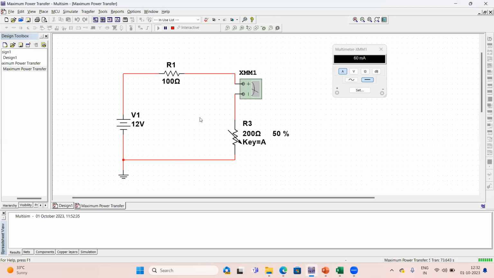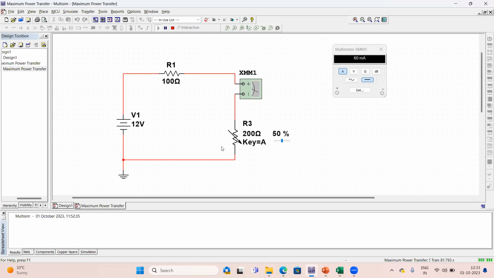Because normally in a practical voltage source we are not able to exactly measure its internal resistance value. So externally we are connecting a 100 ohm resistance while conducting the experiment, but that can be easily seen by measuring this resistance. At what value of this particular resistance you are going to get the maximum power, that we have to measure.